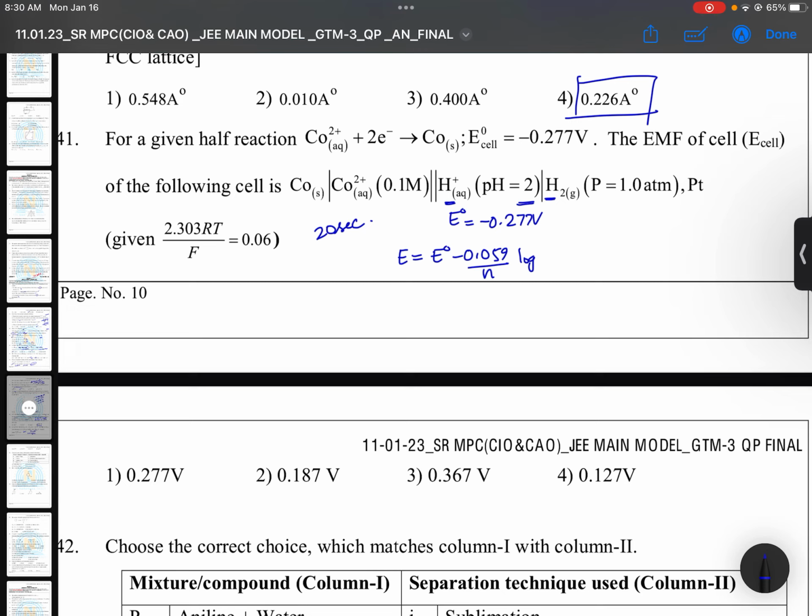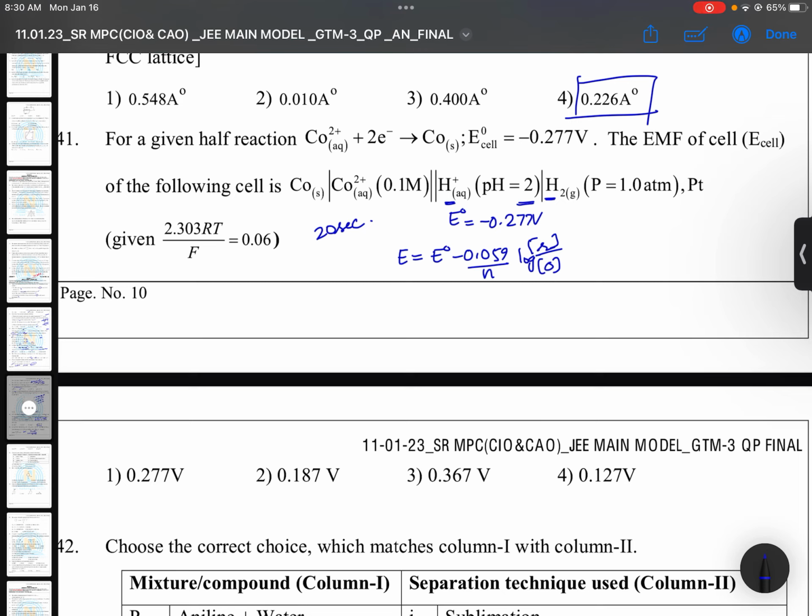E naught cell is minus 0.277. Reduced form by oxidized form. Otherwise, what we need to do?